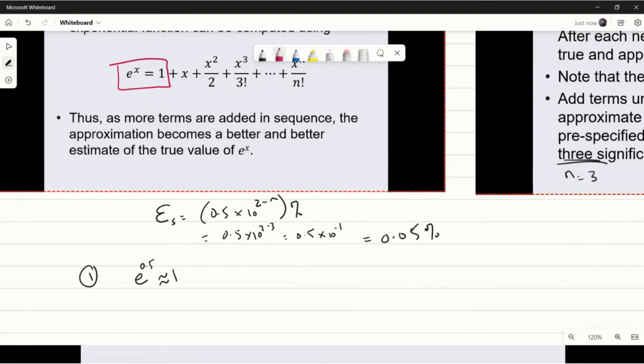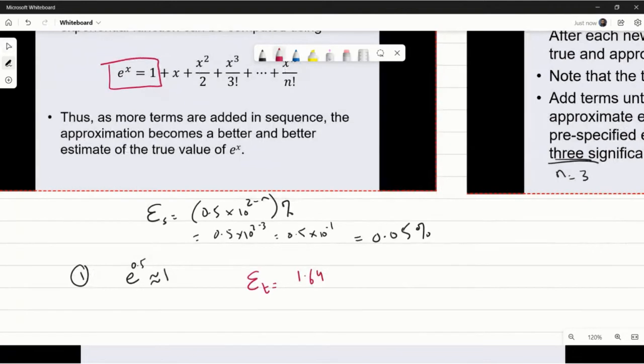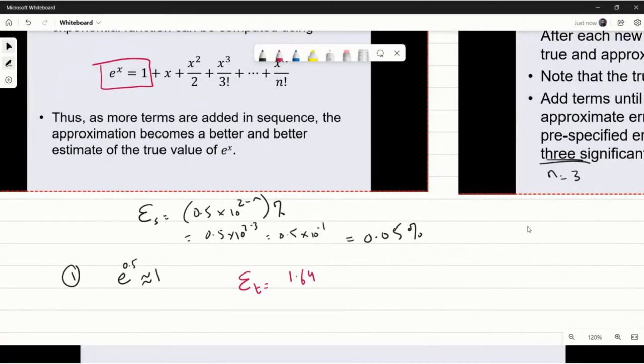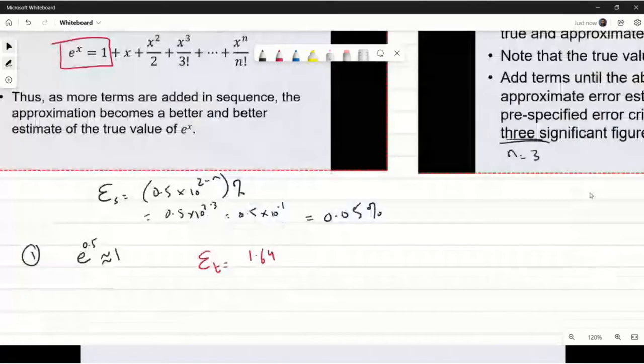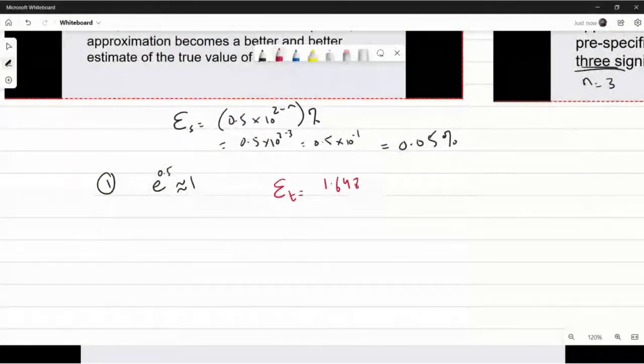And then we can find our true error as the true value, which is 1.648721, minus 1 over the true value, absolute value, which is multiplied by 100%.